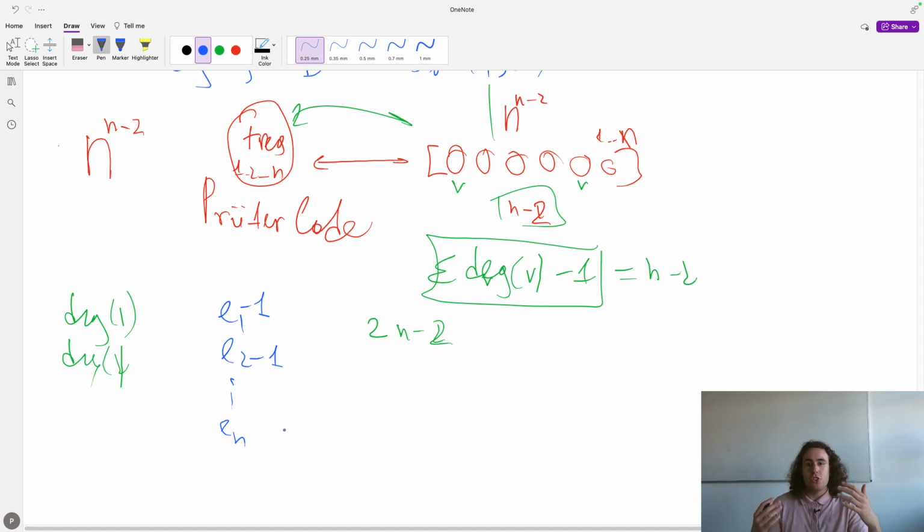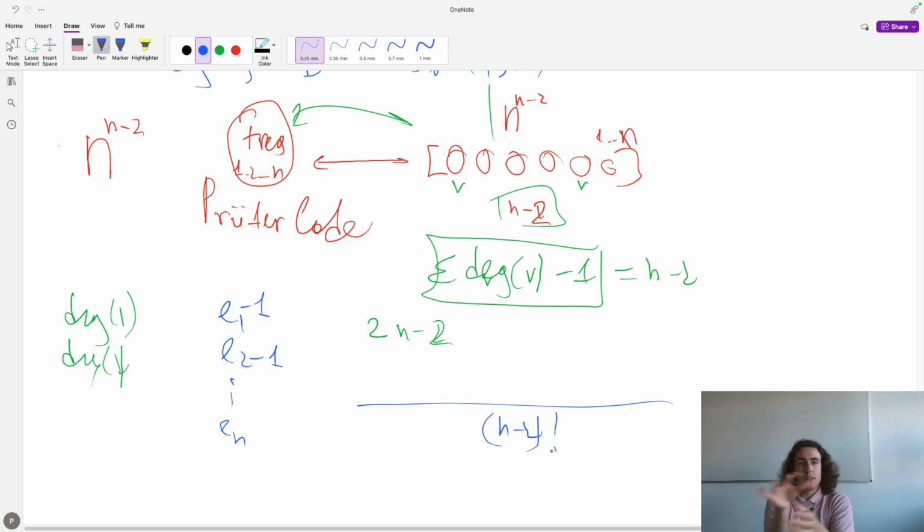How many such vectors exist? Well, this is the definition of a multinomial coefficient, right? Basically, you write them in a sorted order. Then there are n minus 2 factorial options of how we can permute them. But then we count it multiple times, right? Because we have E1 minus 1 elements that are equal to 1.